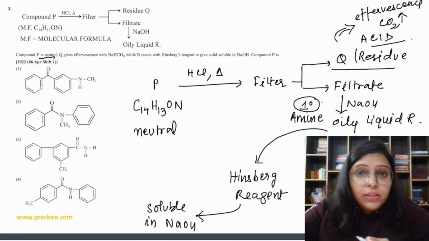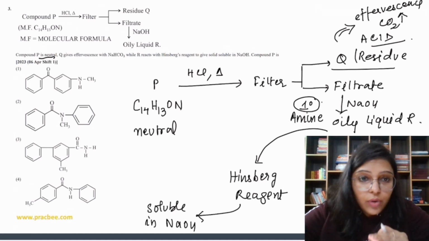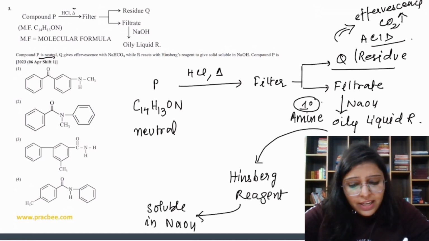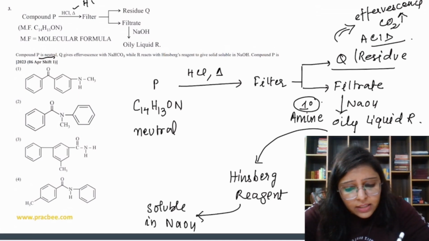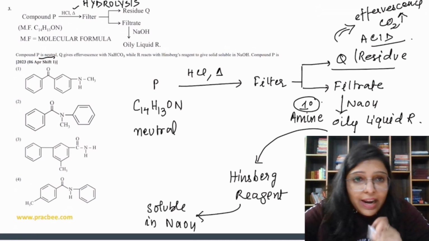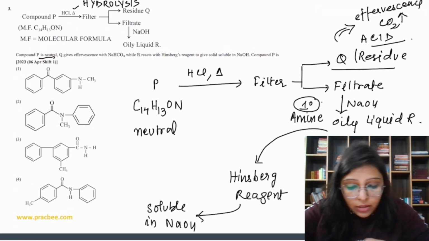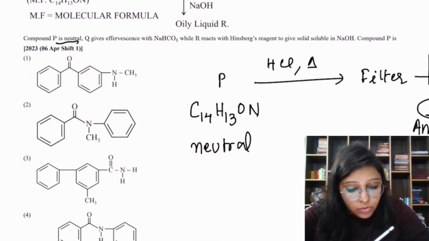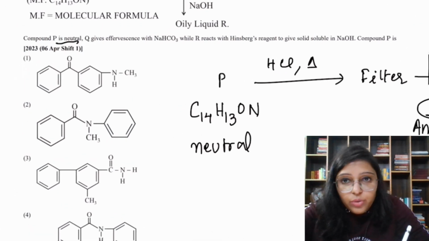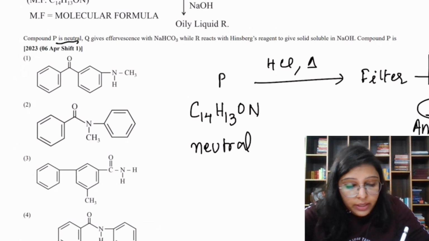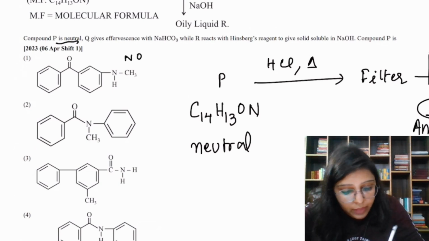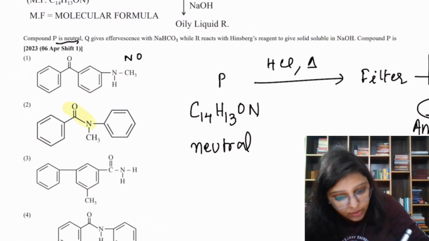Okay, fine. So we have to look for that compound which on hydrolysis, because HCl and heat are used, its purpose is hydrolysis, gives acid and amine. So let's do this. Here we do not get acid and all, right? We do not get acid. But if we look at this one, we have an amide.